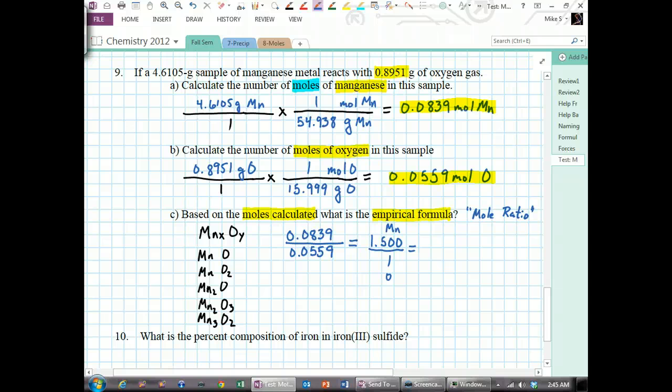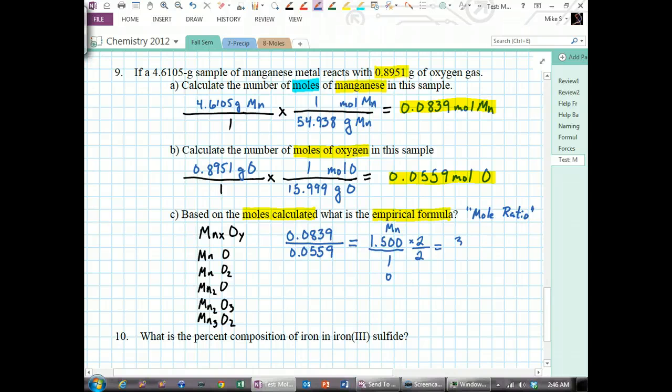If I multiply both the top and bottom by a certain number, it will make them a whole number. So the trick is knowing that the 0.5, if I multiply it by 2, that I'll get a whole number. Well, I have to multiply the top and bottom by the same thing to keep that ratio the same.